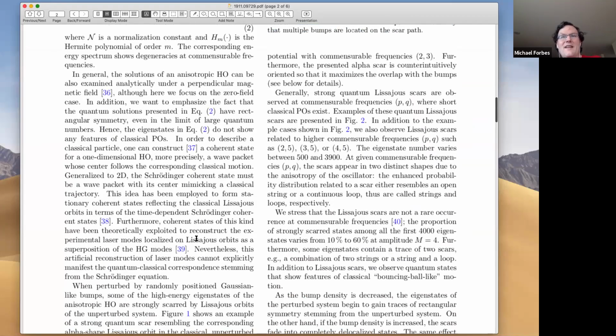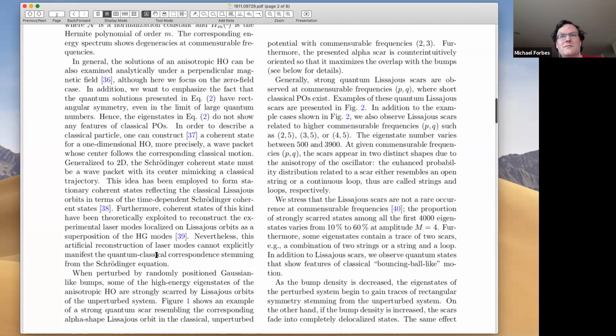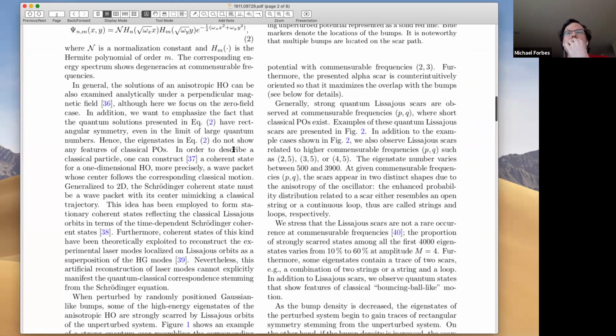Right, so they say here that coherent states, okay, here we want to emphasize the fact that quantum solutions presented in 2, the exact ones, have rectangular symmetry, even in the limit of large quantum numbers.